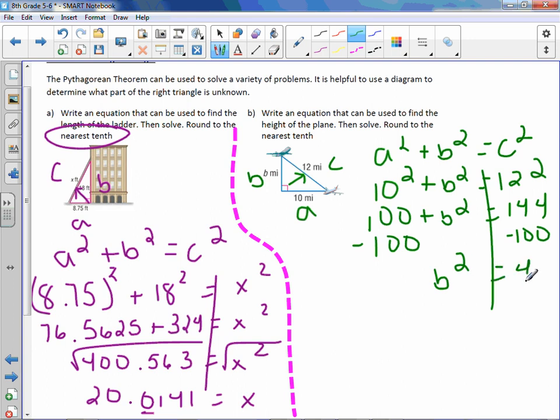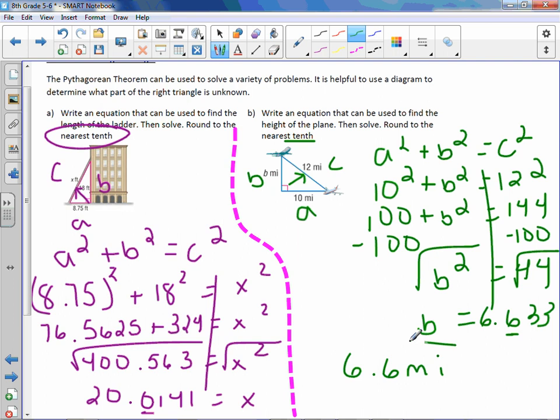B squared equals 44. Square root. B equals 6.633. Again to the nearest tenth, so 6.6 miles.